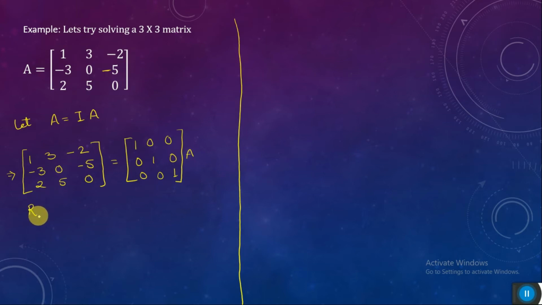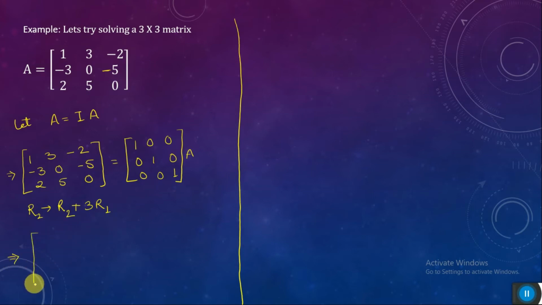If I add 3 here, it will become 0. So what will I do? Row 2 tends to row 2 plus 3 times row 1. Just look at the elements and corresponding rows you write on the operation.